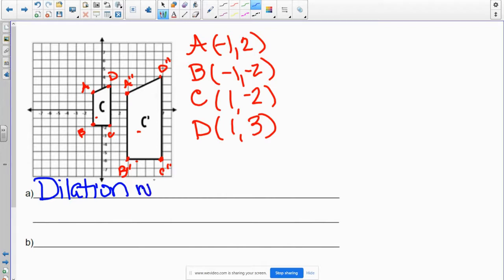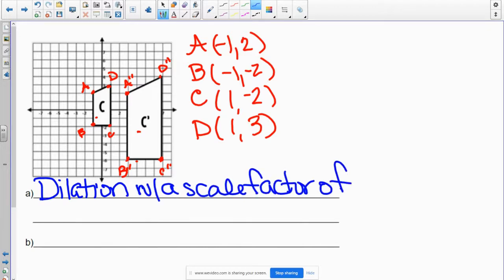So I'm going to say with a scale factor of, because remember you have to give the detail, not just the movement, but what's happening. So if I notice this side length is 2, and this side length is 1, 2, 3, 4, then I know it was dilated by a scale factor of 2. So the rule is take your normal xy, and you're going to multiply 2 times the x and multiply 2 times the y.